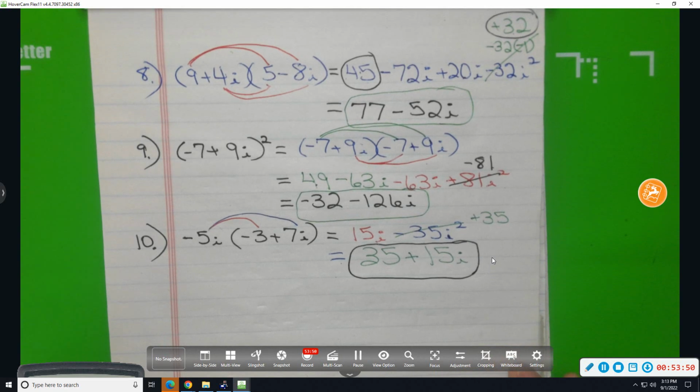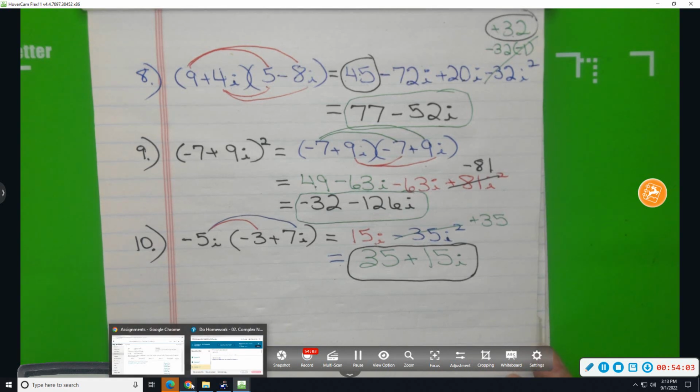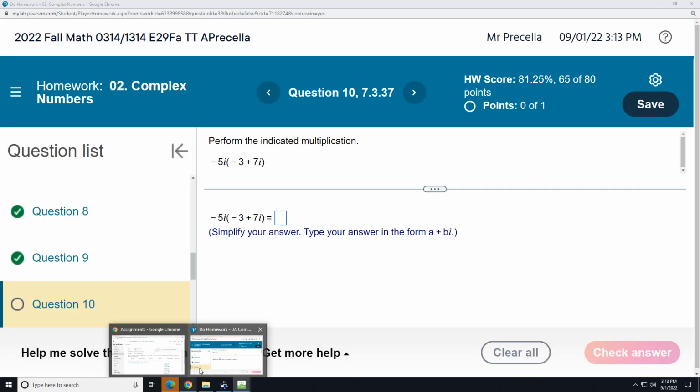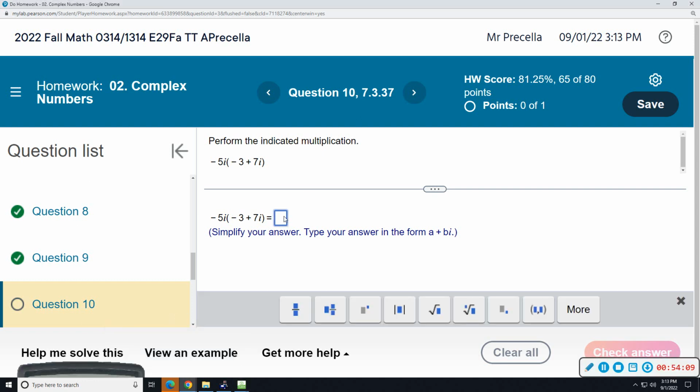Any questions there? Yes, because that's the standard form, and Pearson is trying to add the programming where I guess everything has to be like that. I think probably some other teachers want that number to be first without the i.